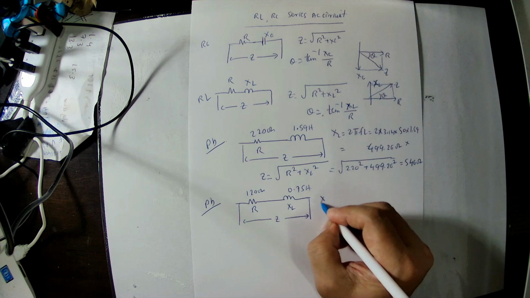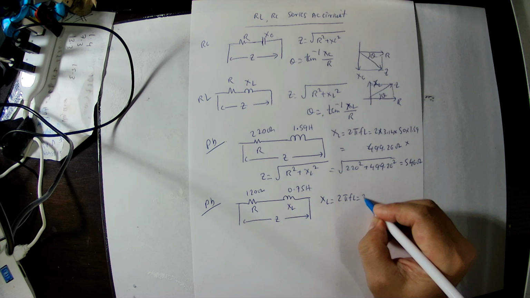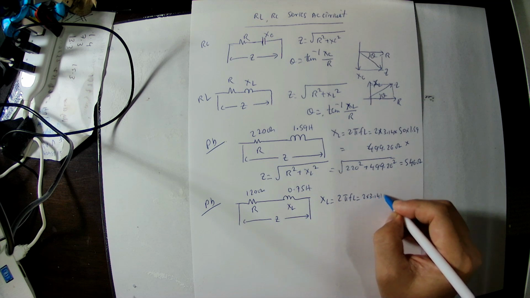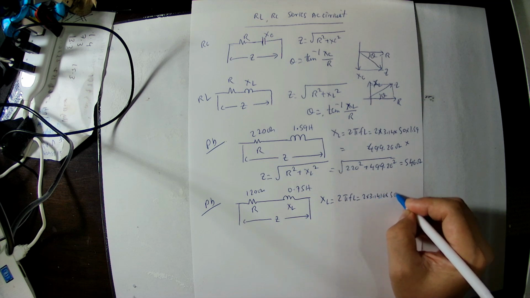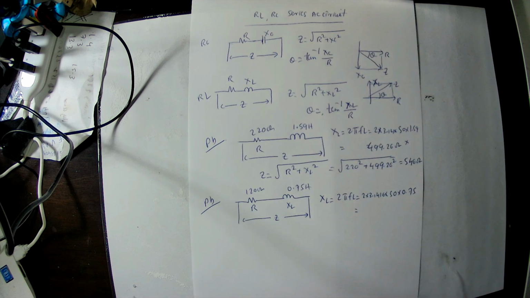So firstly we have to calculate XL equal to 2 pi FL. 2 pi 3.1416, frequency is 50 and inductance 0.75. Then we calculate the XL. So XL can be calculated, the 314 multiply 0.75. So you got 235.6.